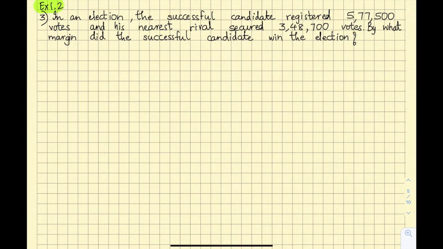By what margin did the successful candidate win the election? Now we all can see that these votes are more as compared to 3,48,700. So he is the winner. But what is the difference? How many more votes did he get and win the election? So how many more? For that we will do subtraction.